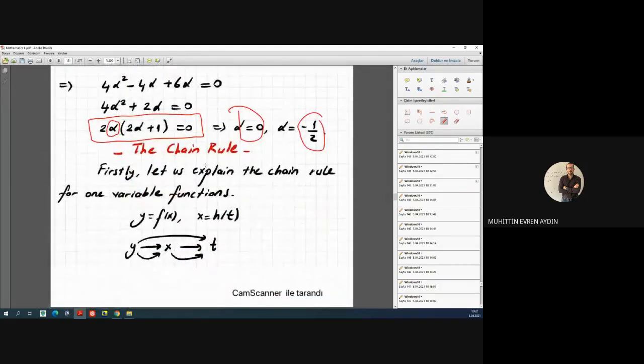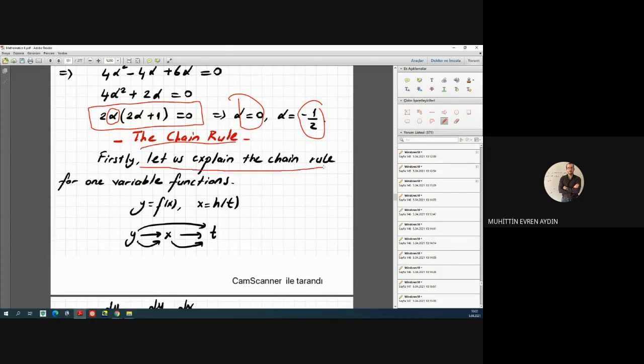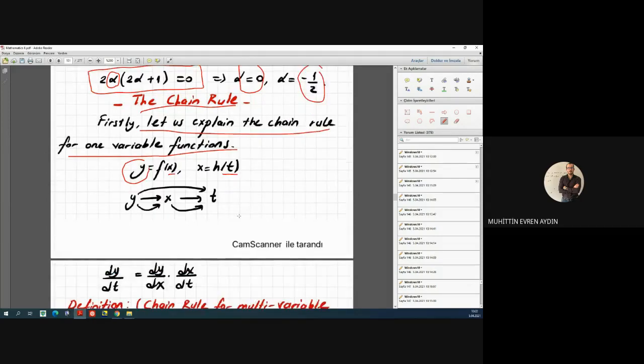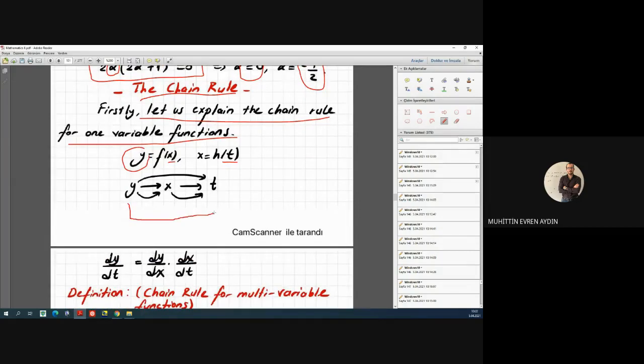Okay, we have an important rule for taking derivatives, called chain rule. Let's recall the chain rule for one variable functions. If y depends on the variable x and x depends on the variable t, then finally y depends on the variable t.